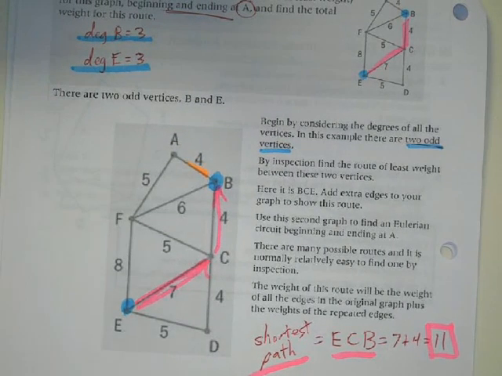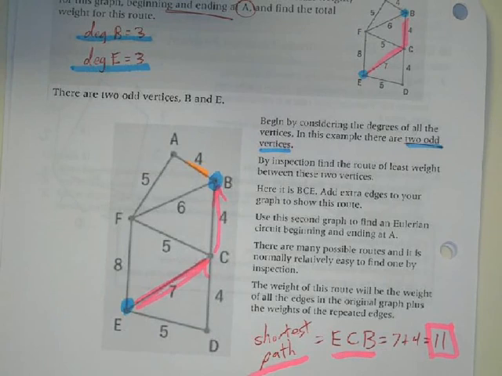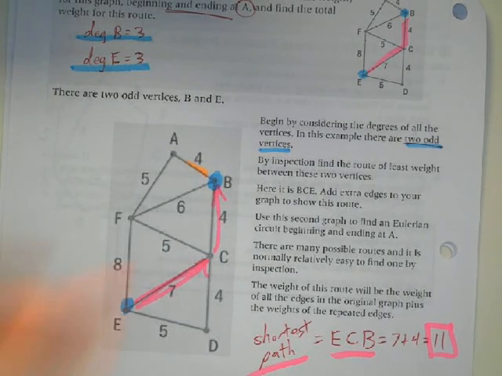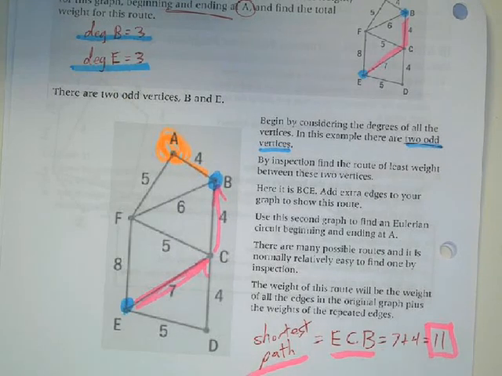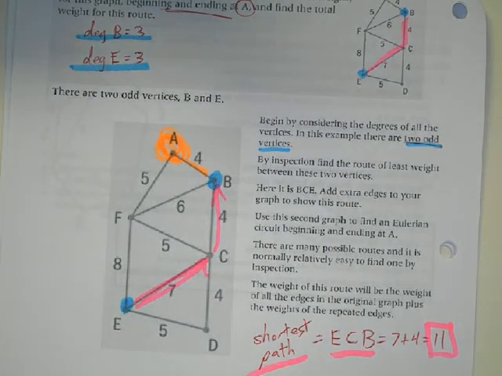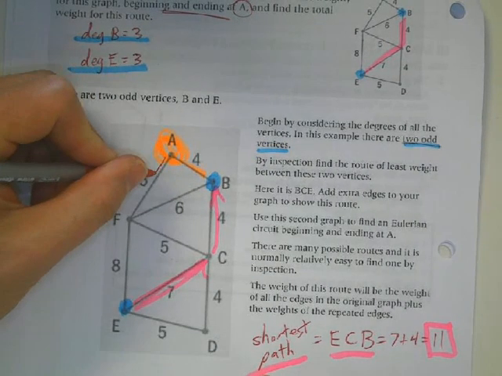If I'm starting at A, what color should I use? I don't know. Okay, I'll just make a big circle. I'm starting with A, and I'm going to do this part at the very end.